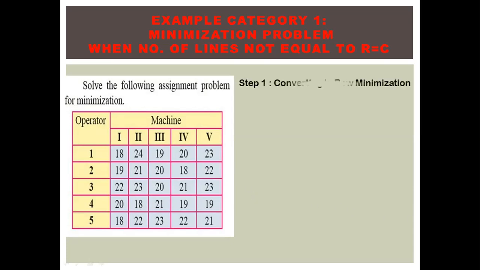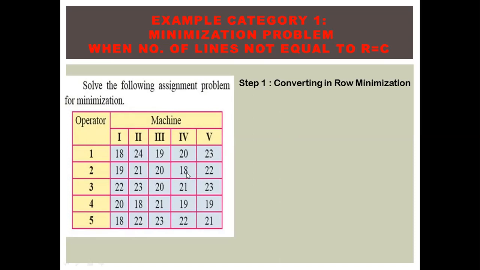So the first step will be to convert it in row minimization. Now, as you all know how to convert it into row minimization, you will be picking minimum elements from each row and subtracting it from the particular elements of that row. For example, in the first row, you have the minimum number 80, which will be subtracted from the remaining 4 numbers and from itself as well.